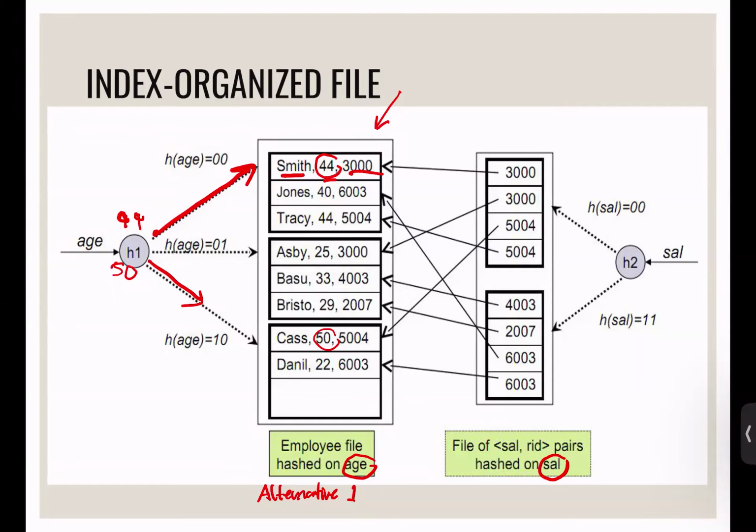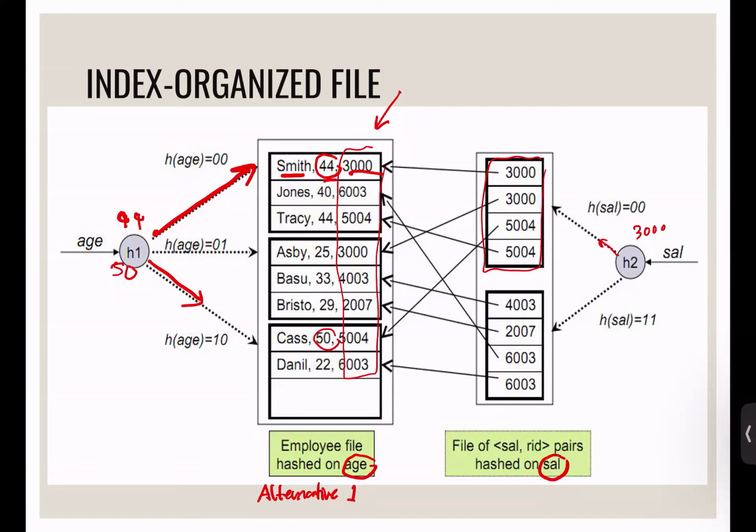So here, instead of using the whole data record, we just pick only this field, the salary. And then when we put salary in there, let's say 3,000, it would tell you which bucket it belongs to. So this bucket will contain all the salaries whose hash function has the same value.